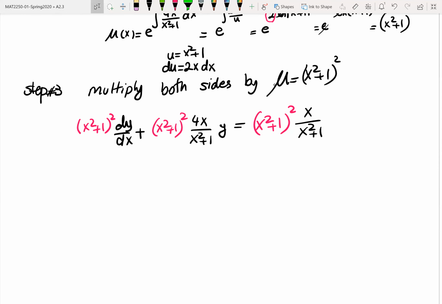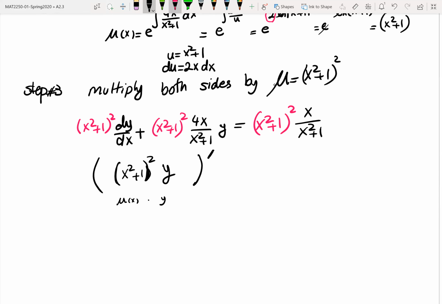So ready? Claim is the left side is always the derivative of mu of x times y. So mu of x is x squared plus 1 to the second, and then y is y, right? So that should be true, right?